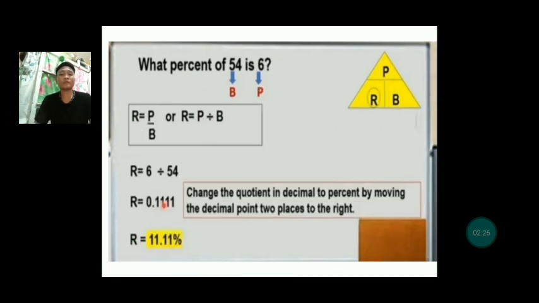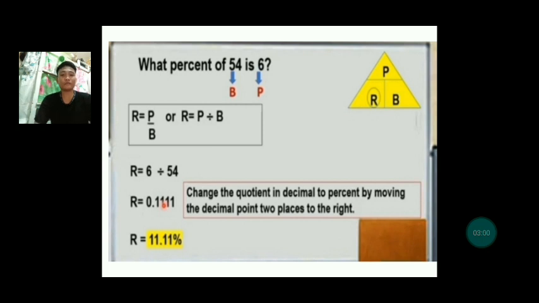So, problem number 2, what percent of 54 is 6? What we are looking for is the rate. The 54 is the B, and the percentage is 6. Always remember, if you see the word of, that is the base. So R is equal to 6 divided by 54.